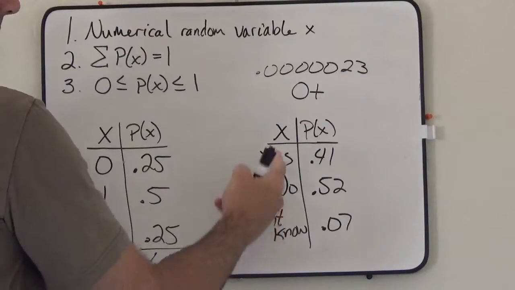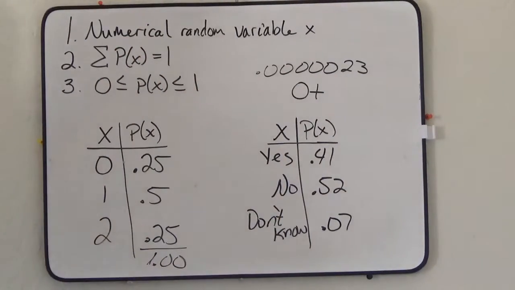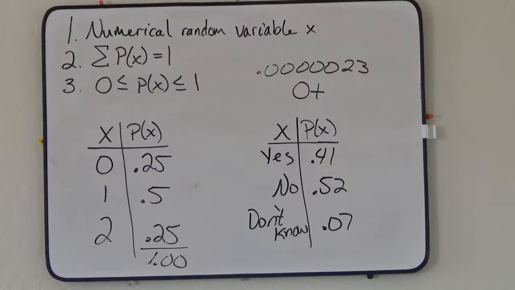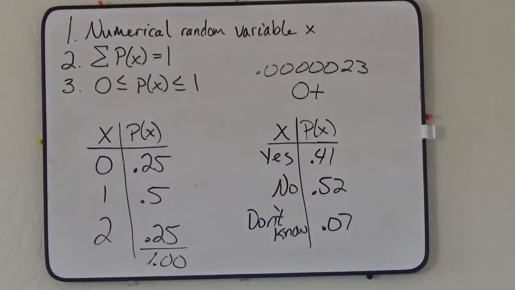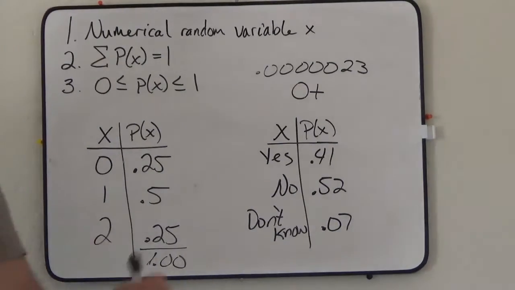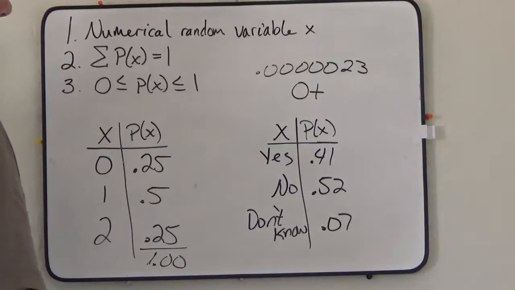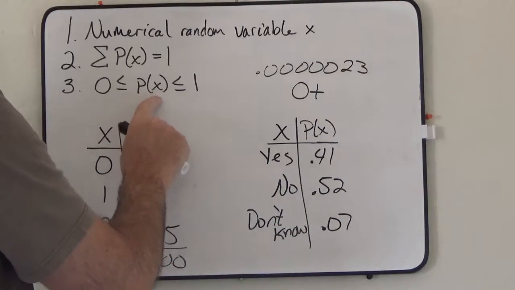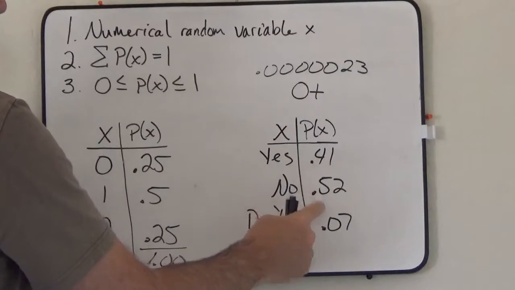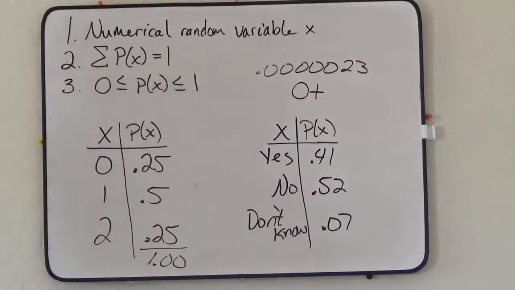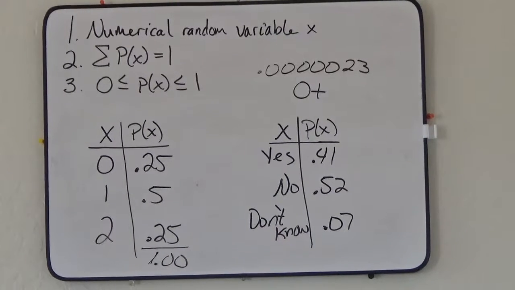Well, these are not numerical responses. So already this fails probability distribution. So that can't be probability distribution. However, just to point it out, the sum of my probabilities, if I add these together, I do get 1. And are the probabilities in between 0 and 1? Yep, all these are decimals. So therefore, it fits the other two rules, even though it doesn't fit the first one, but this is not probability distribution.